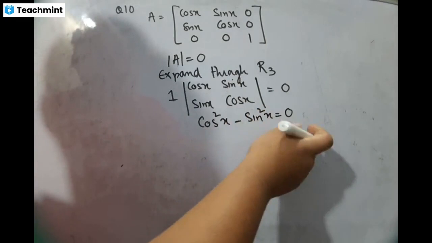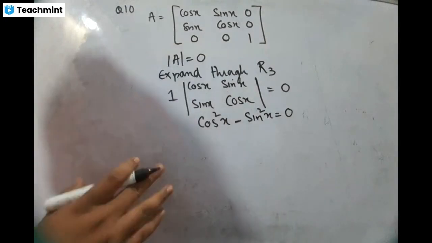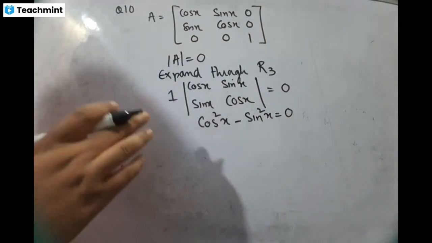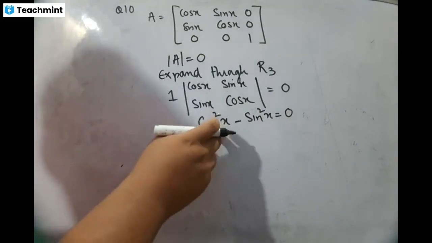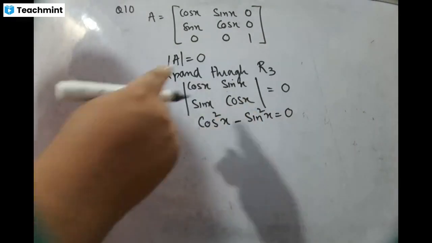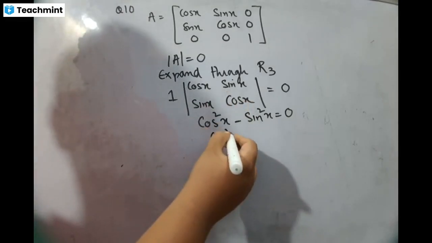Whenever you see cos and sin, you always convert that into tan, because the laws of mathematics say in order to find the value of an unknown, there must be only one unknown. How can you find the value of cos and sin together? So convert into a single variable.